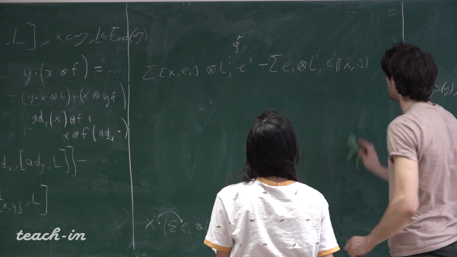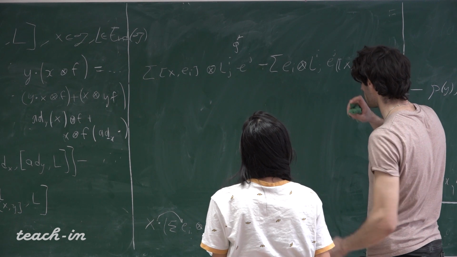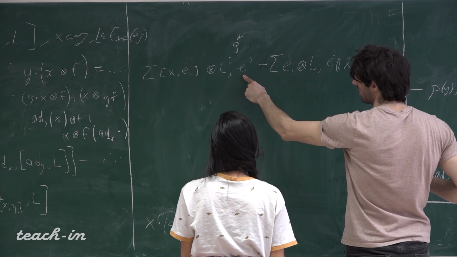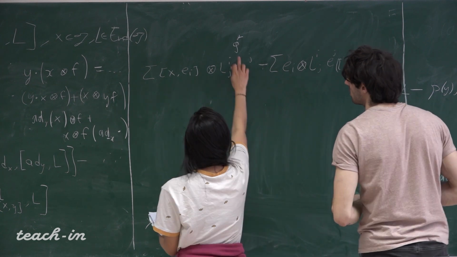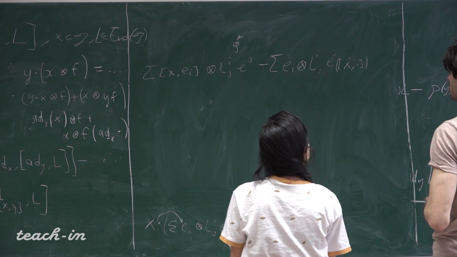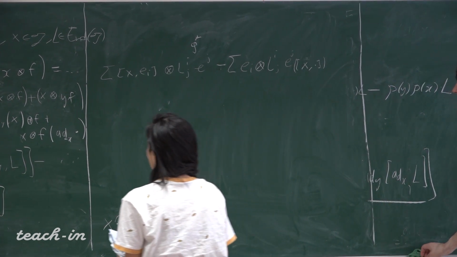What is EJ though? I think it's just some other vector. This is in the dual, a functional. So we have this.